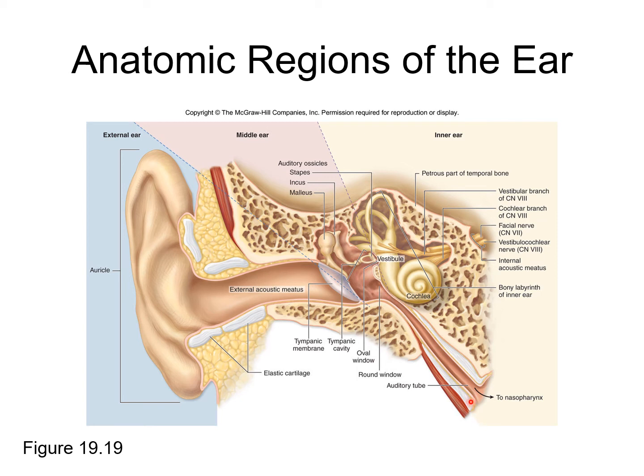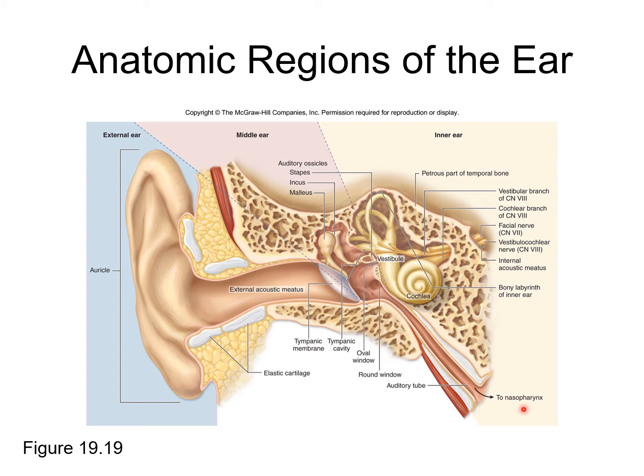There is this canal right here, which is known as your auditory tube, or we refer to it as your pharyngo-tympanic tube. It links your middle ear with your nasopharynx, which is the superior part of your throat.